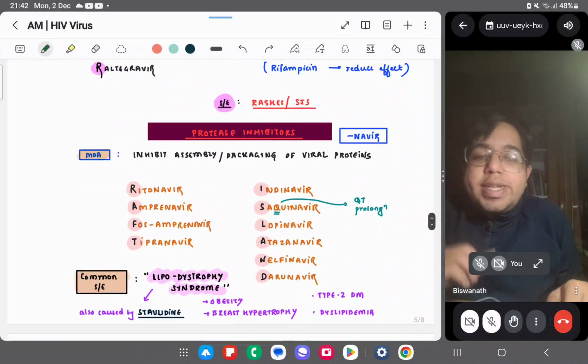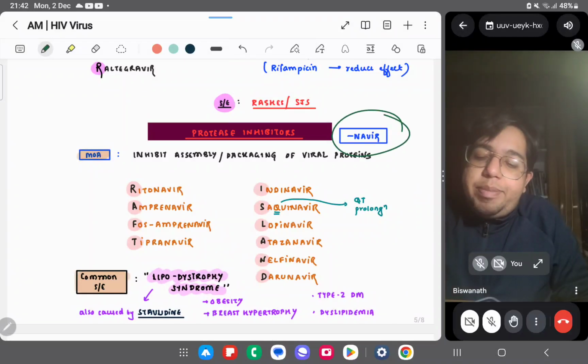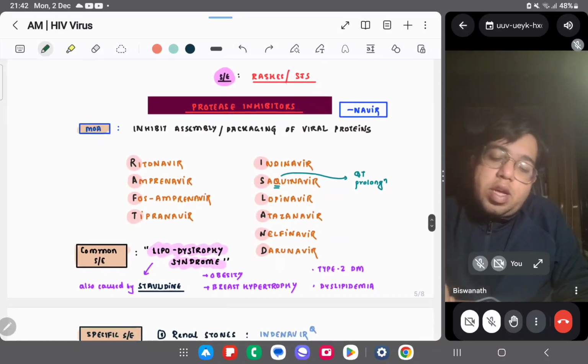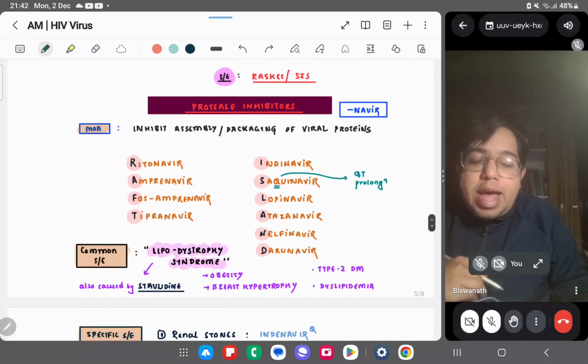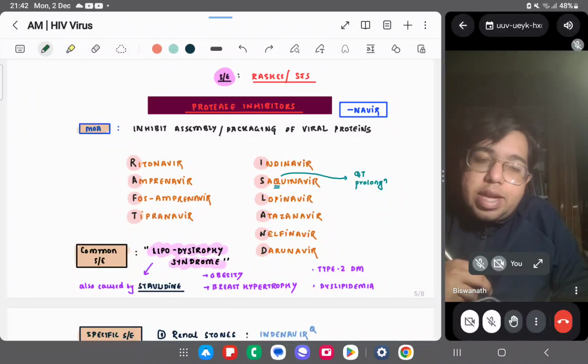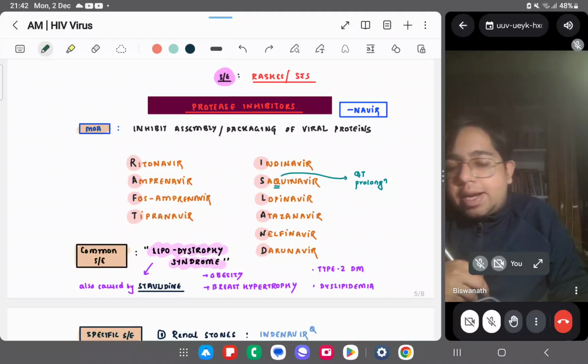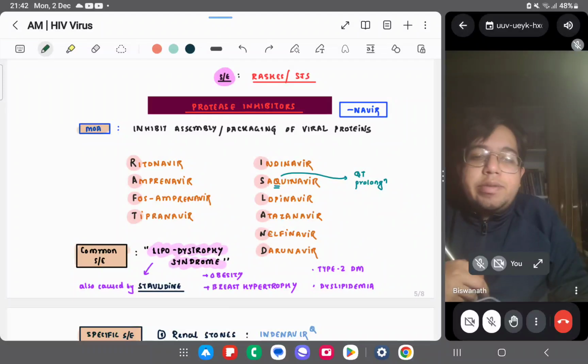Next, we'll talk about protease inhibitors, that is NAVIR. So we have ritonavir, amprenavir, fosamprenavir, tipranavir, then indinavir, saquinavir, lopinavir, atazanavir, nelfinavir, darunavir. Many drugs to remember, I know.